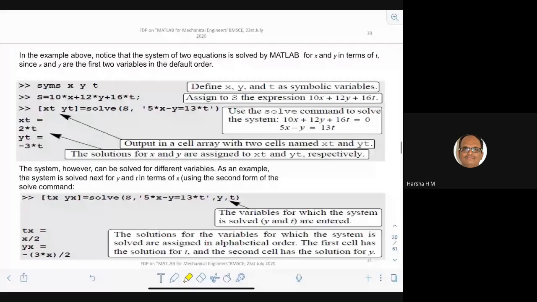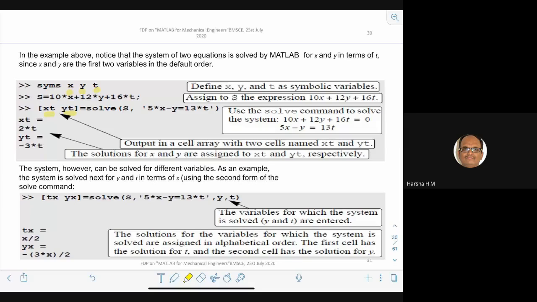He has defined syms x, y, t. S is equal to 10x plus 12y plus 16t. And he wants expressions for xt and yt, meaning x and y in terms of t. That's the reason he has named them xt, yt.